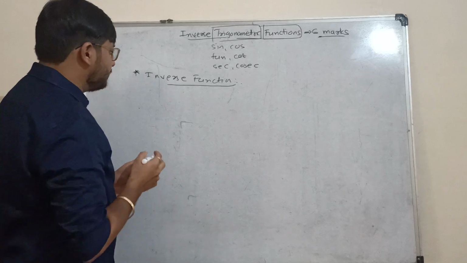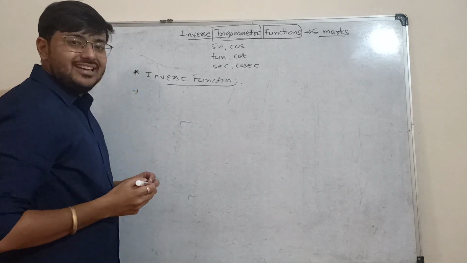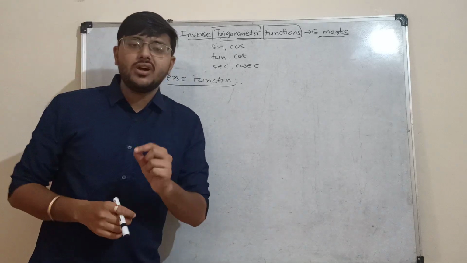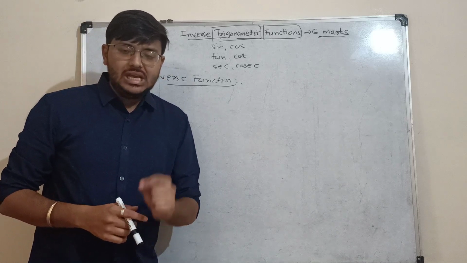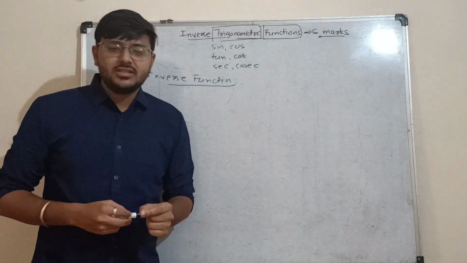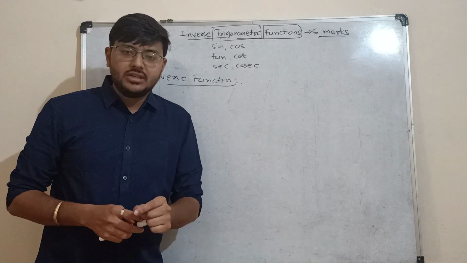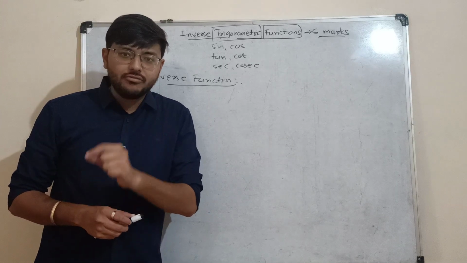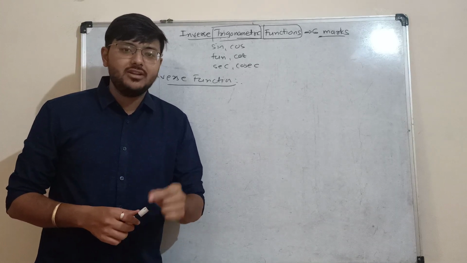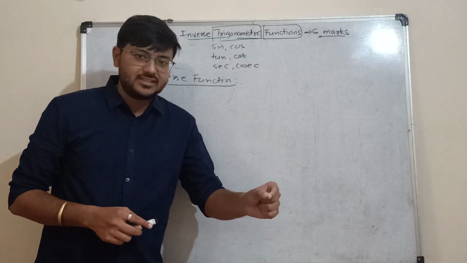Right? So just be careful. Inverse function is the locus of points of the images of the points of the curve y equals f(x) with respect to the line y equals x.